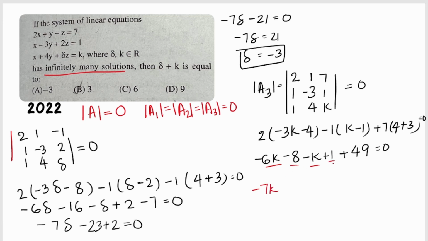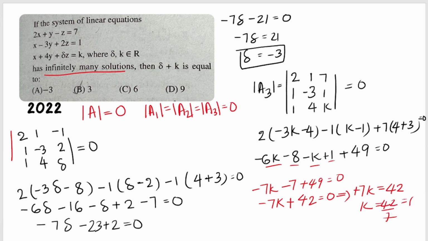The minus 8 and 1 is minus 7, plus 49 equals 0. Then you have minus 7k, 49 minus 7 is 42, which implies minus 7k, I'm sorry, it's plus 42. Okay, 7k equals 42. K equals 42 by 7, which equals 6.